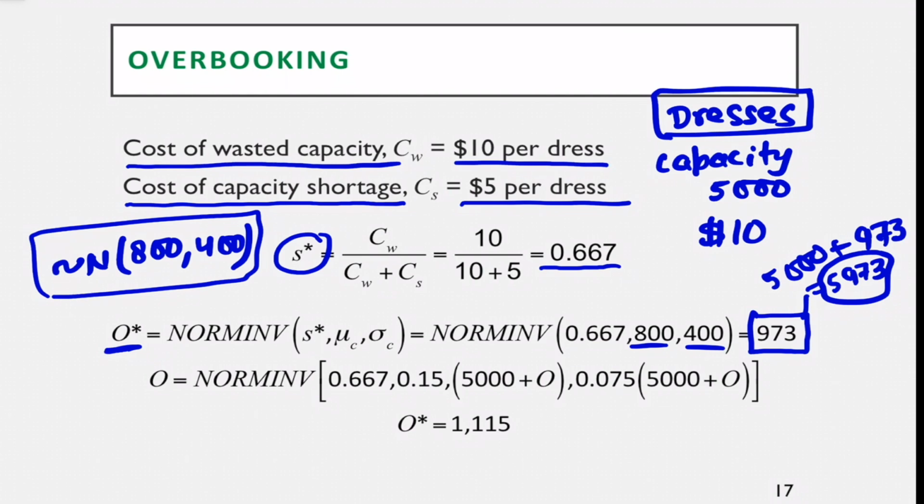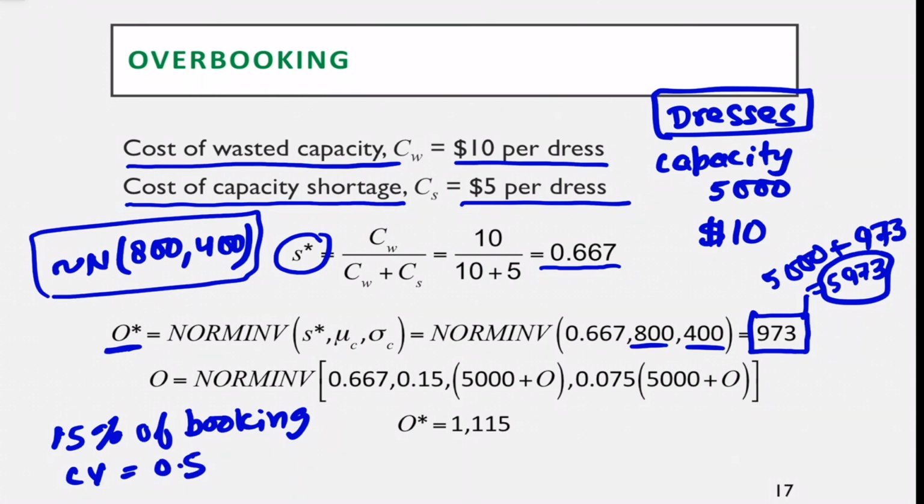But if the cancellations are normally distributed with a mean of 15% of the booking level, and also the coefficient of variation is 0.5, then we can make use of this second formula. Note that the coefficient of variation is given by sigma over x bar, or we can rewrite sigma as CV times x bar.